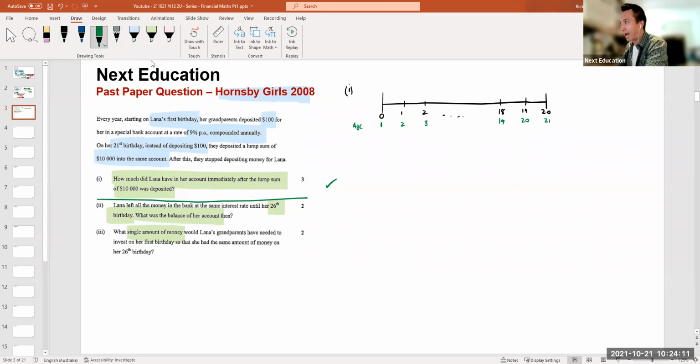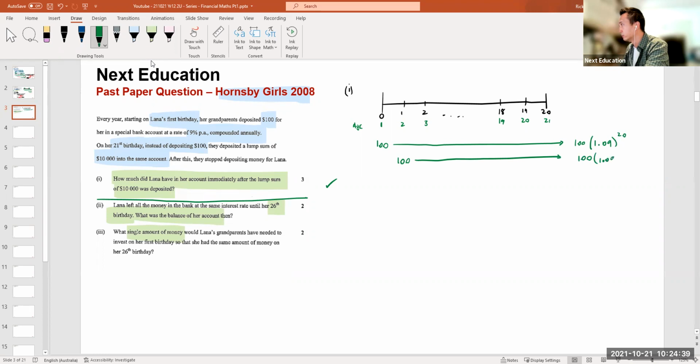So at age 1, they put in $100. And that $100, remember, the black is the compounding. We're not compounding for 21 years, but over 20 years. That gets 20 years of compounding. What's the interest rate? 1.09 to the power of 20. She's 21 years old, and the same goes every year. They put in another $100.